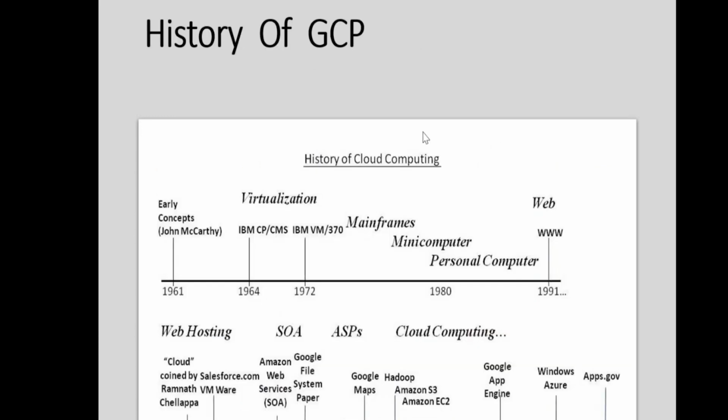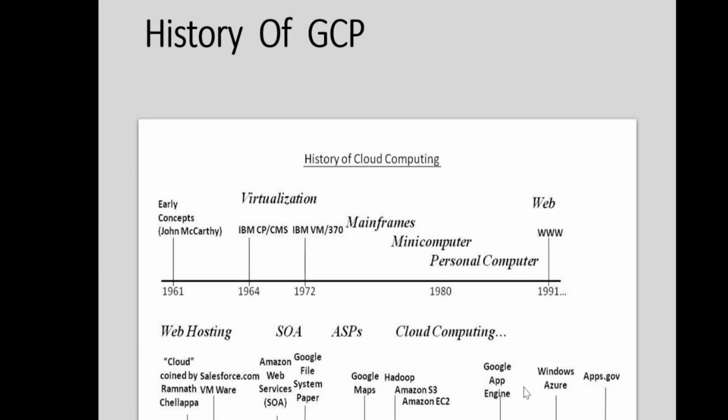Now let's explore more. Here we're talking about the history of GCP. If you see here, the history of GCP started in the year 2000. Amazon started Amazon S3 and EC2. Here you can see the Google File System came, right?